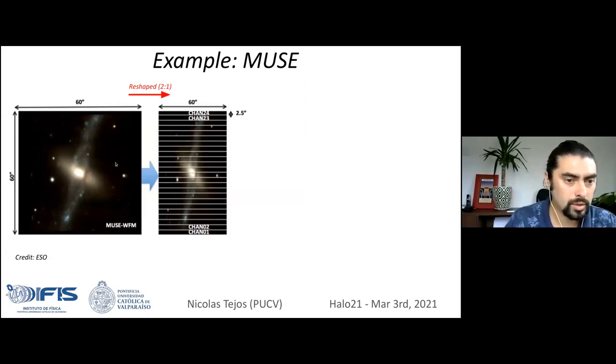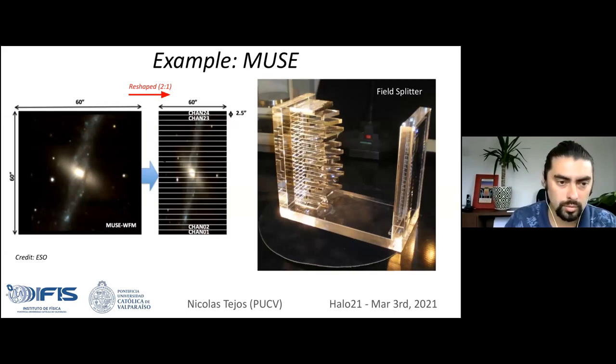Briefly, what the instrument does is reshape the field of view into a rectangular region like this, then divide the field of view into 24 channels, and each of those channels goes through a different IFU, integral field unit. In order to slice the field, there is a field splitter, which is several mirrors like that.